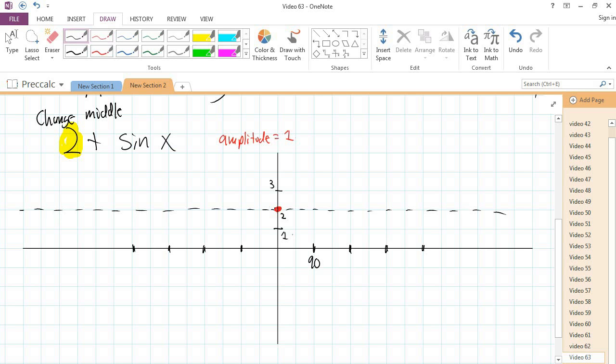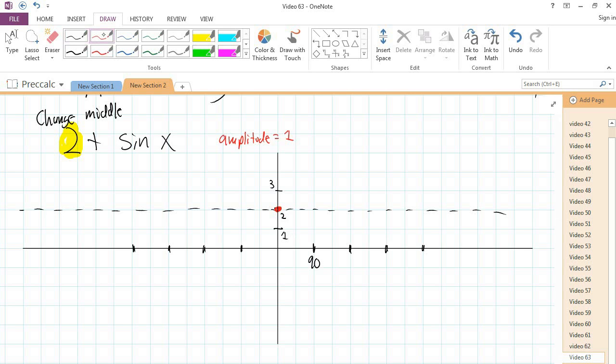Unlike my other graphs of sine, this graph will never go below the x-axis because my middle is 2 and my amplitude is only 1. I only go down 1 from my middle. Vertical shift changes where your middle is. Amplitude is always taken from the middle. I can't stress this enough.